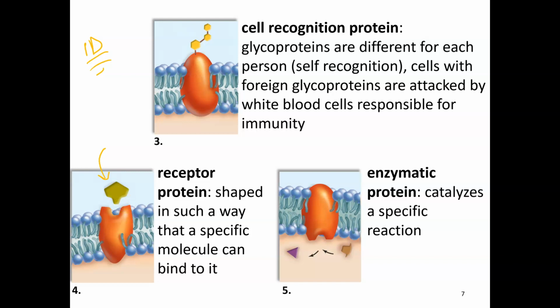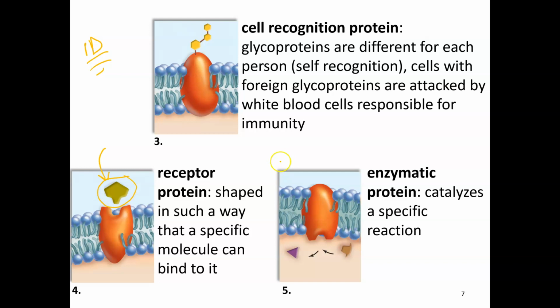And then when human growth hormone binds, it changes the activity of that cell, telling that cell to start replicating, undergoing mitosis. That might be an example of what a receptor protein might do. So it just binds molecules, and when the molecule binds, it changes the activity of the cell.